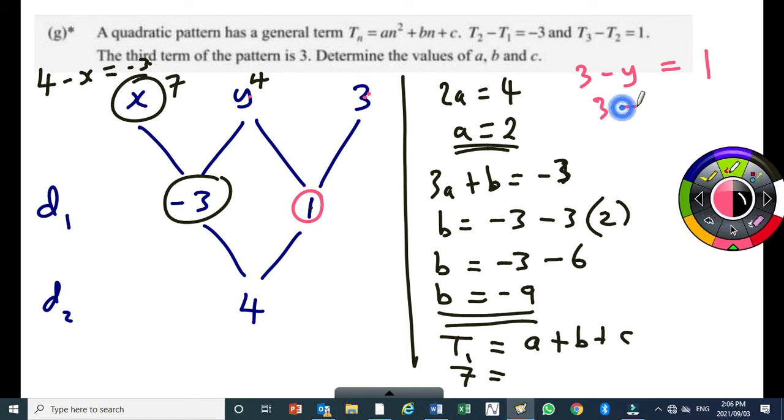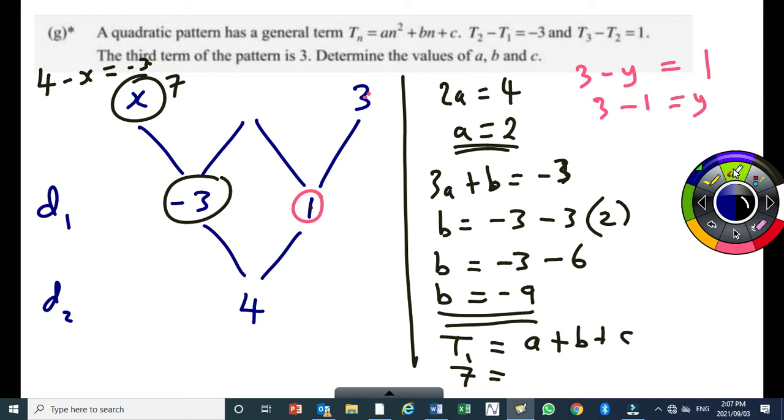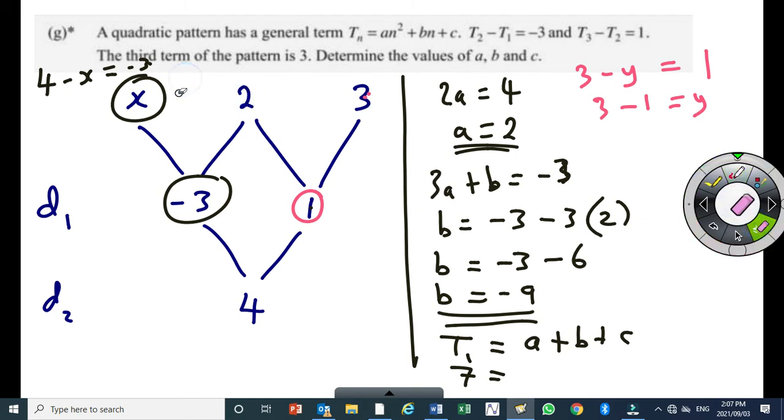So this will be minus 1 equal to 1, which means this is not a 4. It's a 2. So that's a 2. Are you following that?